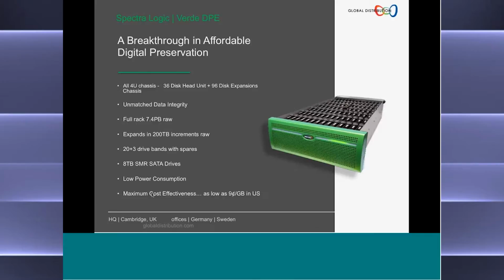Again, we have this low power consumption, but the real key to Verdi DP and DPE is the cost effectiveness. With the DPE, it's a US list price, I'll grant you that, but with the larger systems you're talking prices as low as 9 cents a gigabyte, which is extraordinarily low.